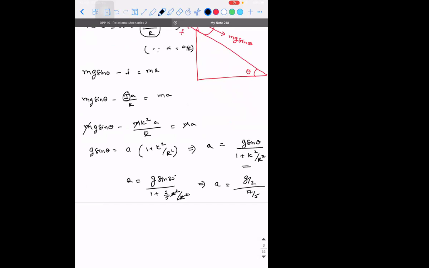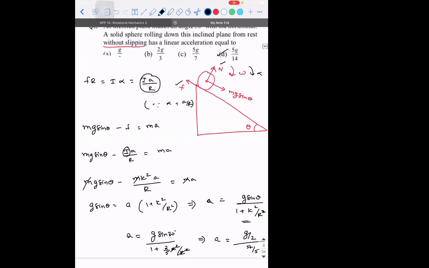So it will be 5g by 14. I hope it is clear. So till here, it is the derivation part.